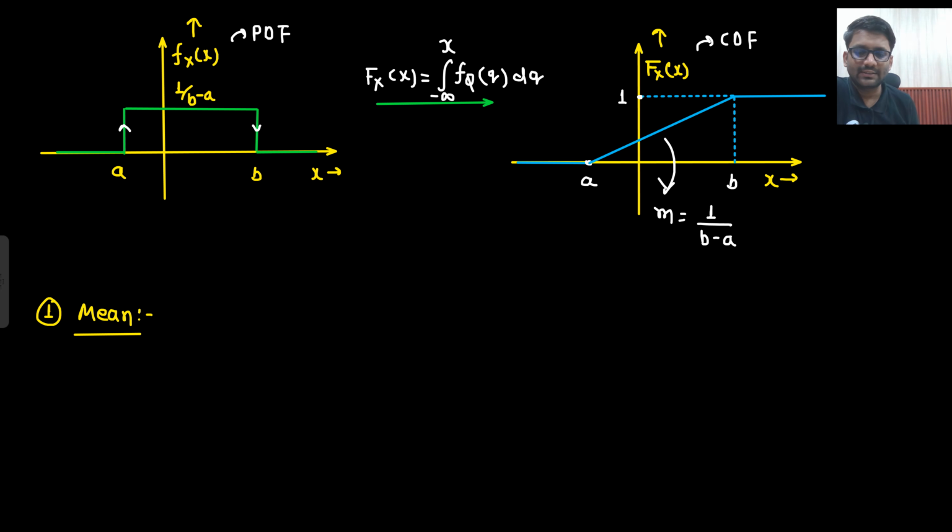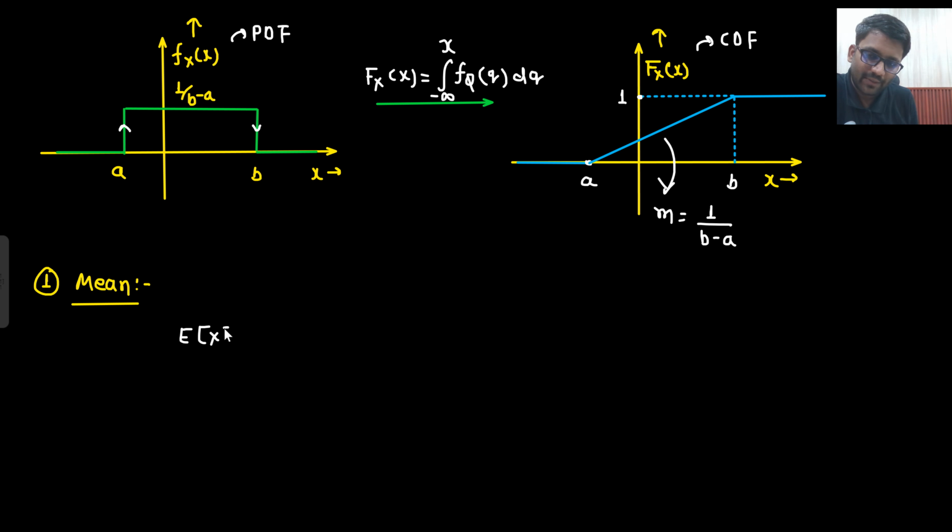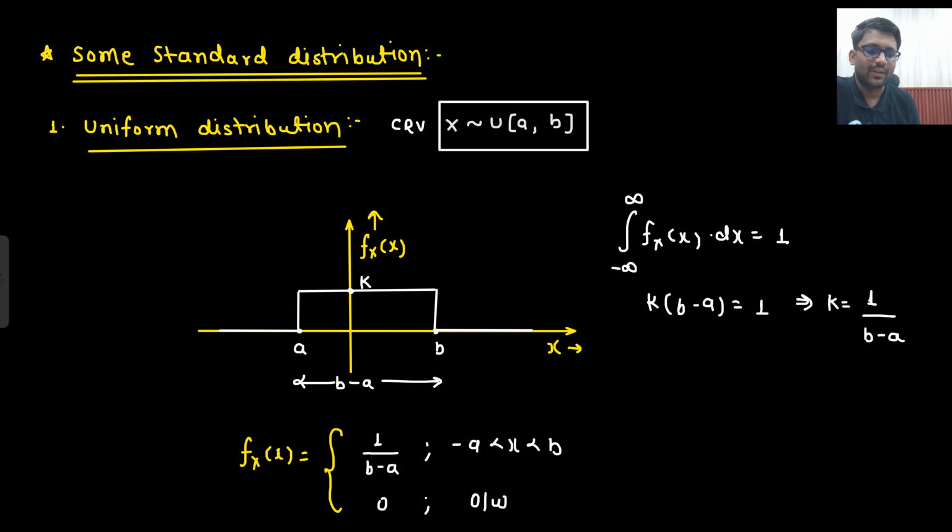Well and good. Let's try finding the statistical parameters. First we will find the mean of random variable x. So the mean of this random variable x will be the integral from minus infinity to infinity of x into fx of x dx.